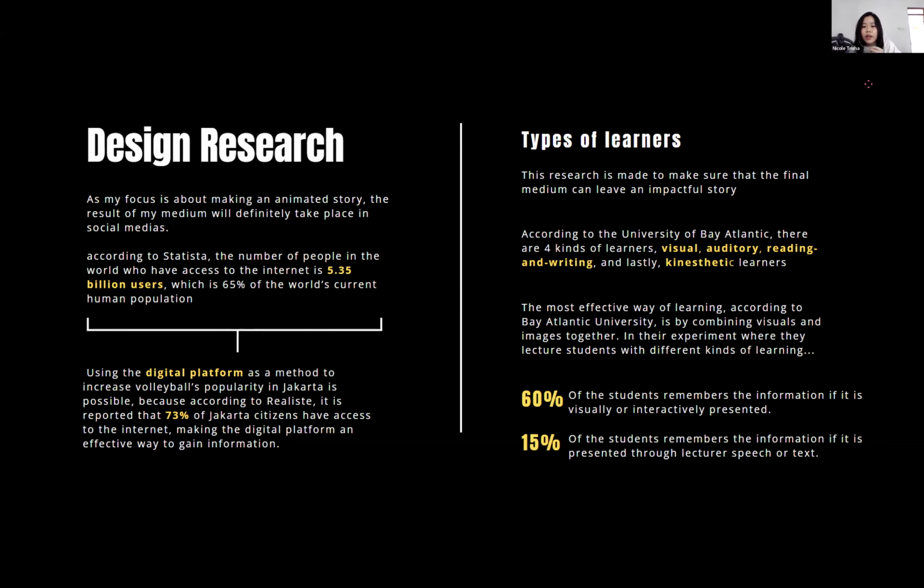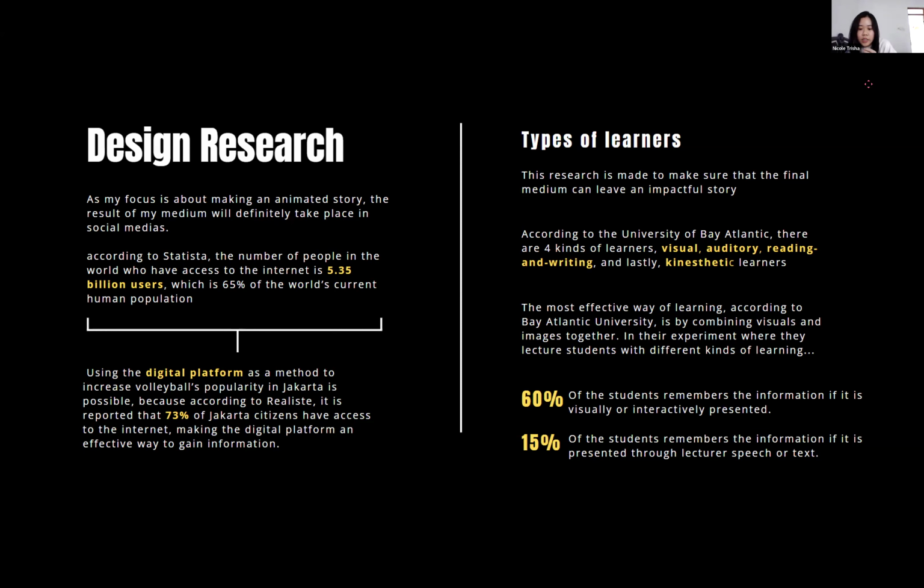I also learned that in order for it to be more educational and more effective, I have to first figure out the most effective way of learning. According to the University of the Atlantic, there are 4 kinds of learners: visual, auditory, reading and writing, and lastly, kinesthetic learners. According to the university, the most effective way of learning is through visual and auditory combined, and if not, combined with interaction as well.